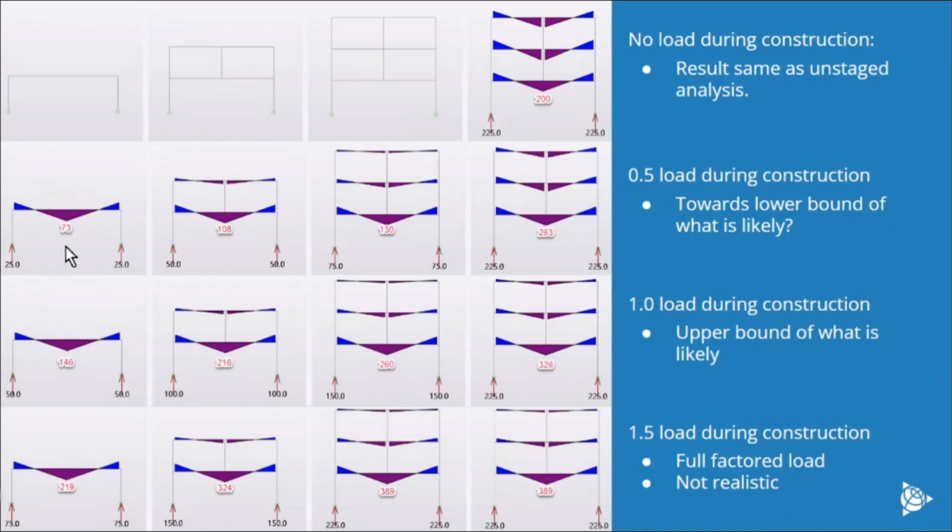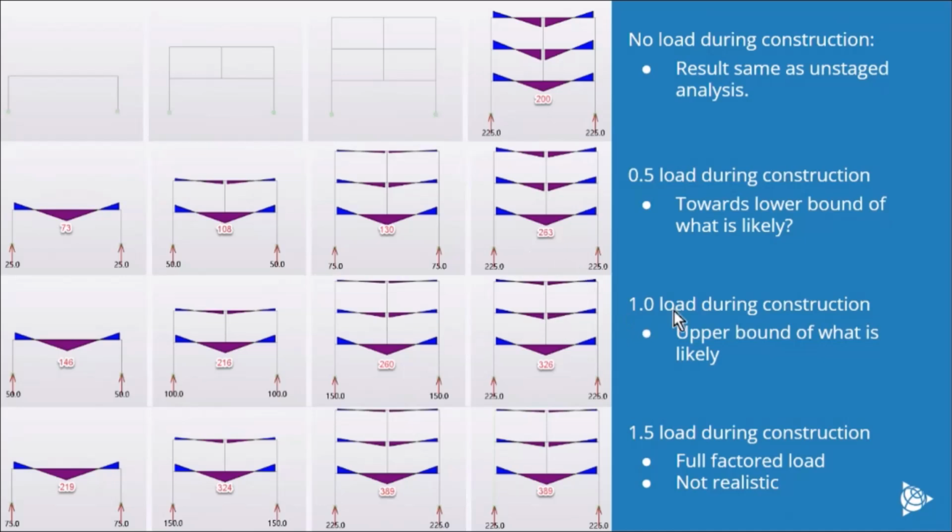Now I put on 50% of the load. You can see the load in the beam building up during these stages, getting more load in this bottom beam, and then you apply the balance of the load in the design stages, and they all go up basically equally in that final stage because the model exists, applying the balance of the load.